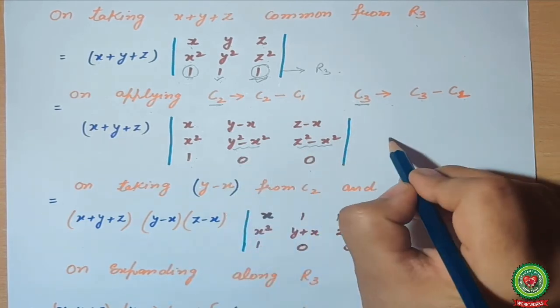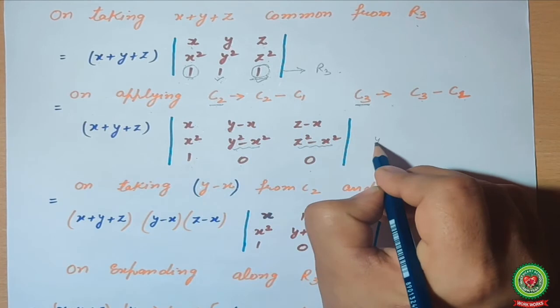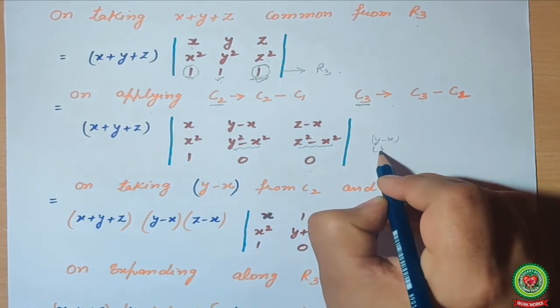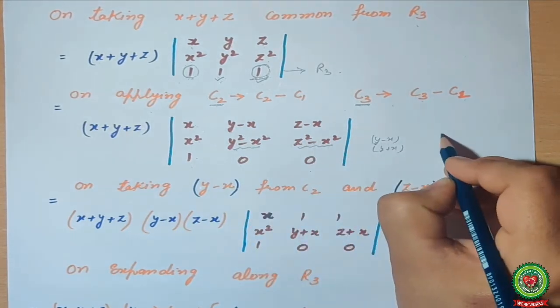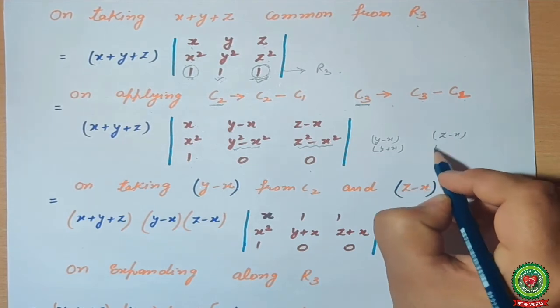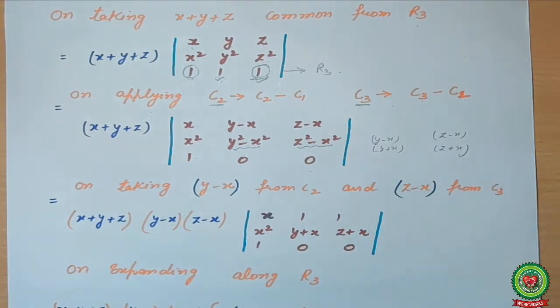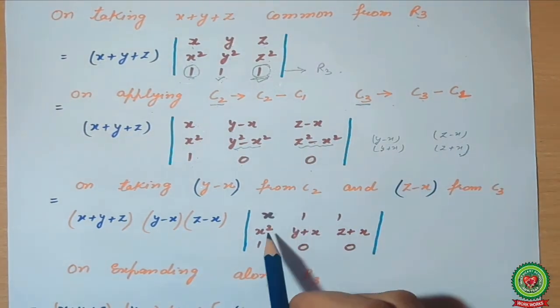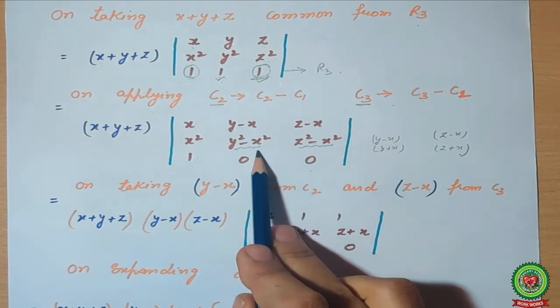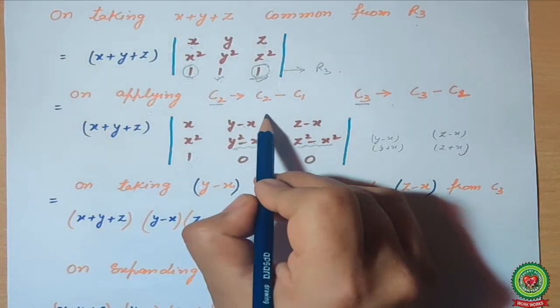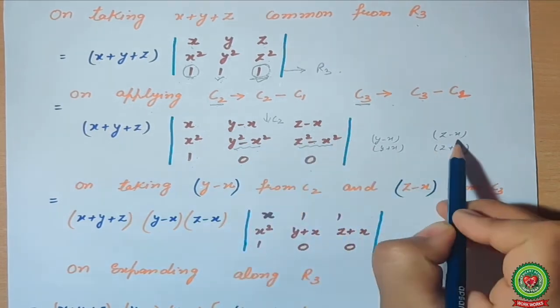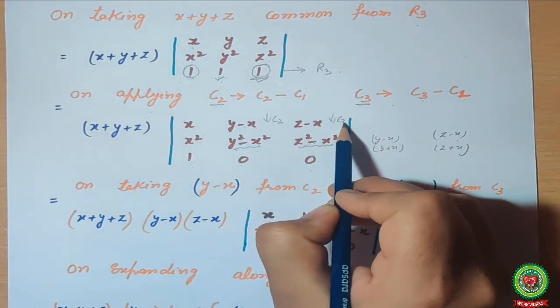We will apply y minus x, y plus x. Here we will apply z minus x, z plus x. Now, we can take common y minus x from column 2 and z minus x from column 3.